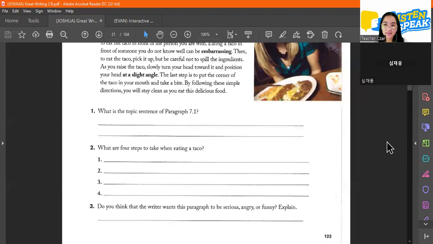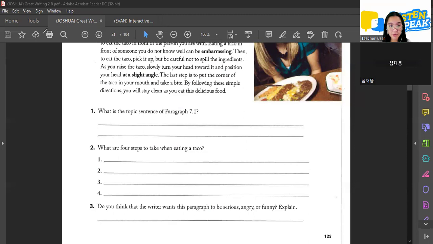What is the topic sentence of paragraph 7.1? Again, topic sentence. Yes, please. I don't have a book. Oh, we don't have a book, but we already read it. So what do you think?